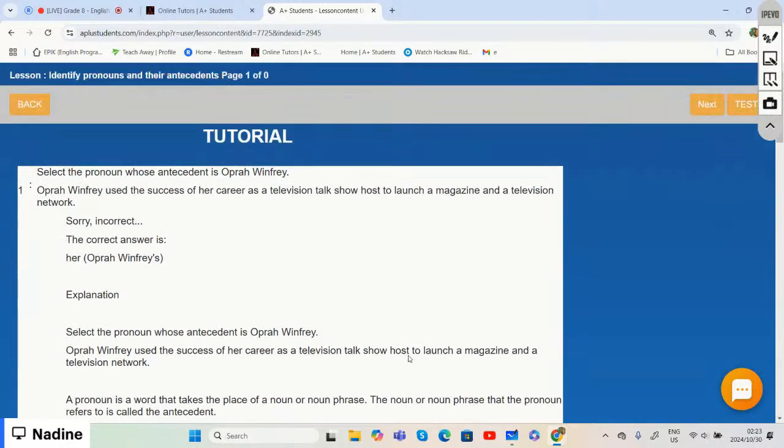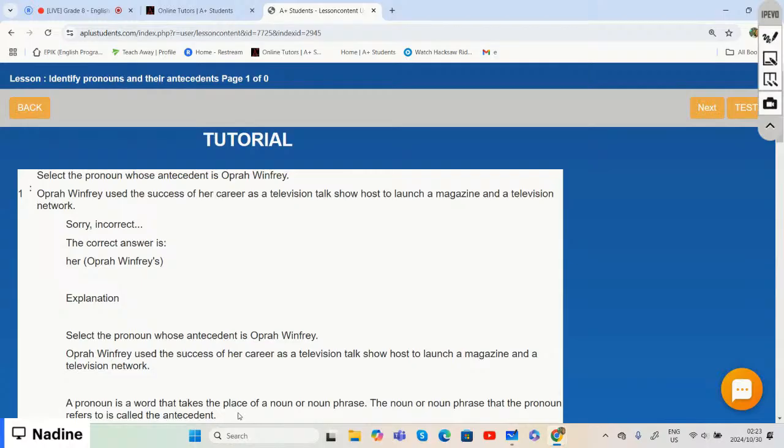So now it says: Oprah Winfrey used the success of her career as a television talk show host to launch a magazine and a television network.